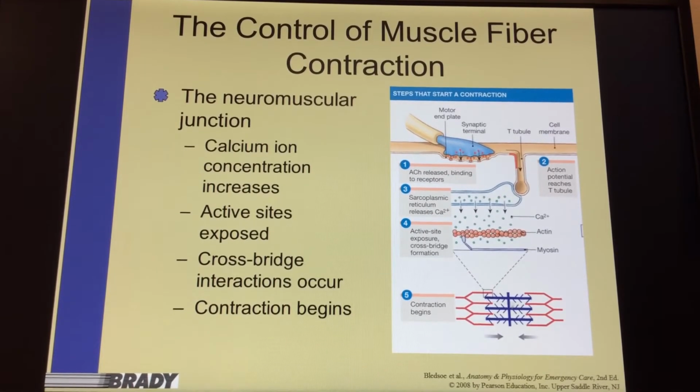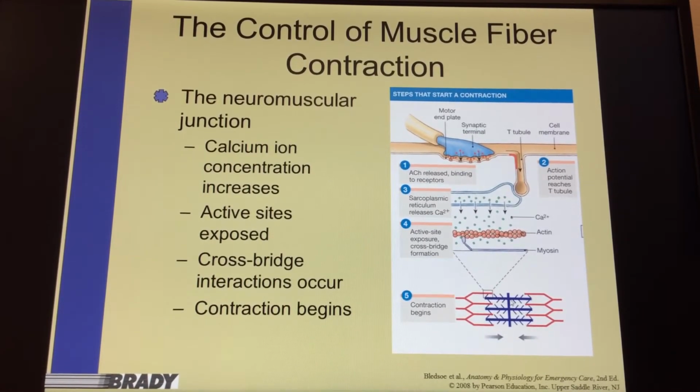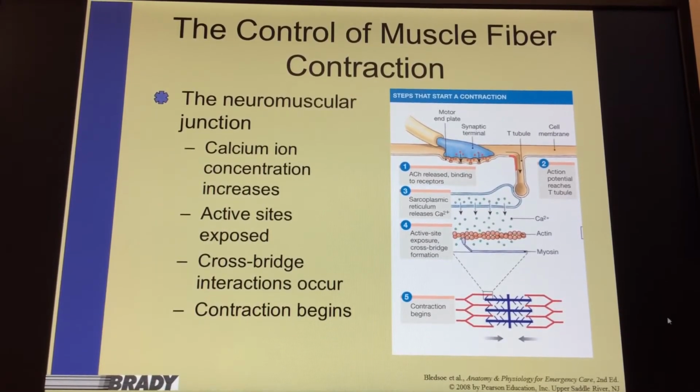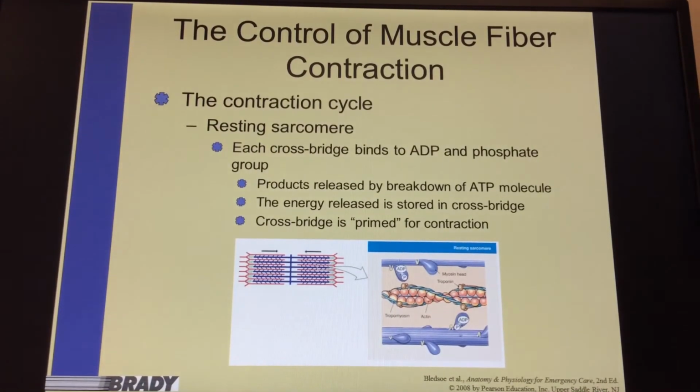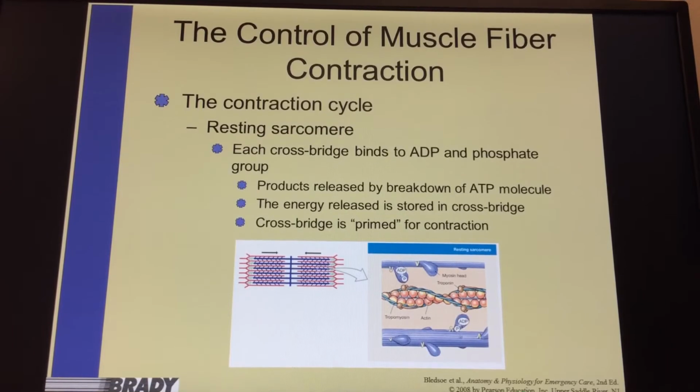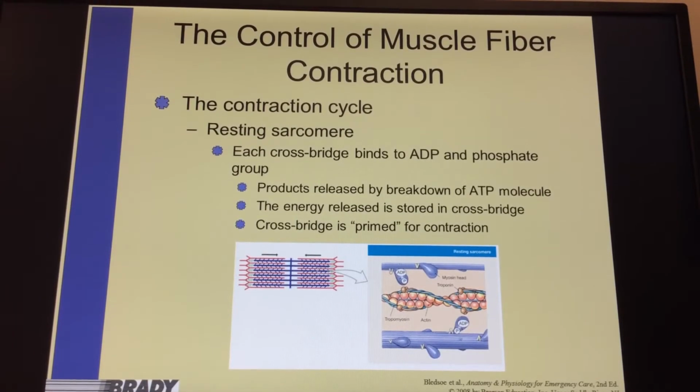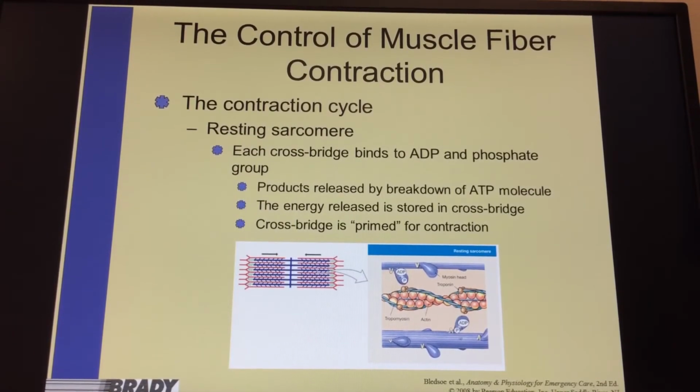You can see right here that contraction will start, and that thick filament will start sliding. These are all the little myosin heads. They will start sliding or shortening, and that gets contraction. And here's another example showing that. You can see how much that shortening can occur with each cross bridge as it comes over.